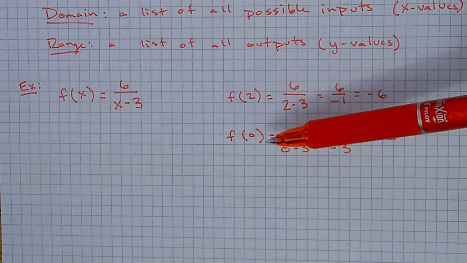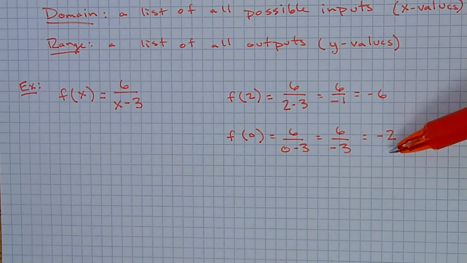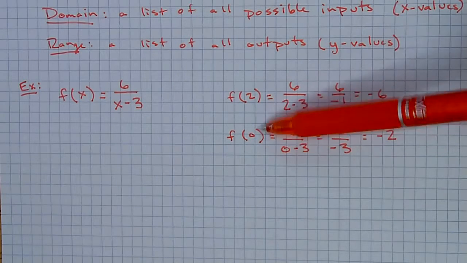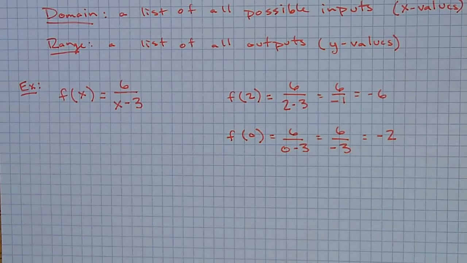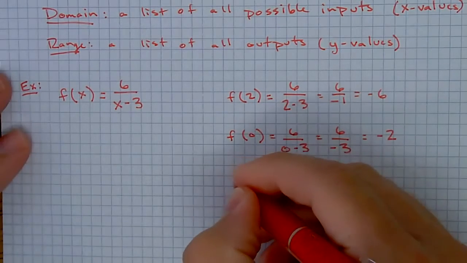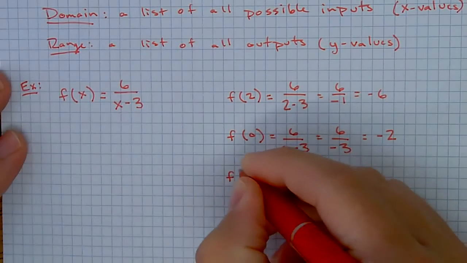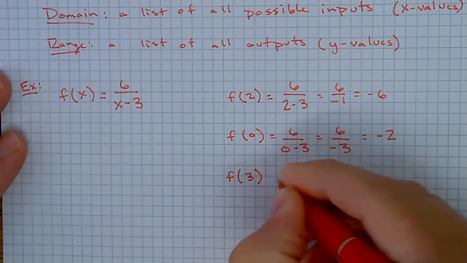Okay, so 0 is part of the domain. Okay, 2 and 0 are part of the domain. -6 and -2 are part of the range. Okay, each equation is going to be different. So let's say I plugged in 3.